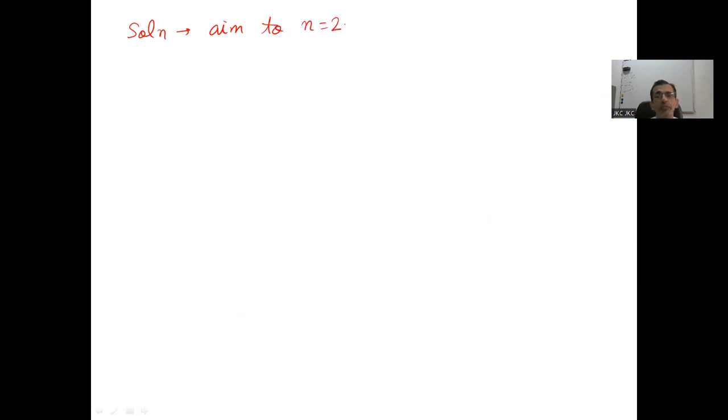Say aim to prove for n equal to 2, because for n equal to 2 also, it is closer to the same boundary. So I assume that sometimes for n equal to 1 proof was difficult. So we will say, let's aim to prove it for n equal to 2.